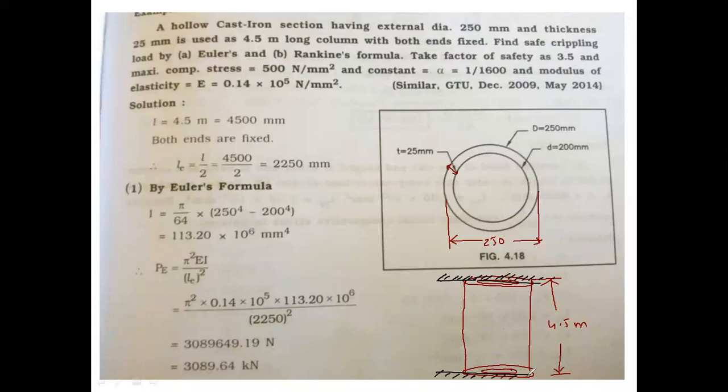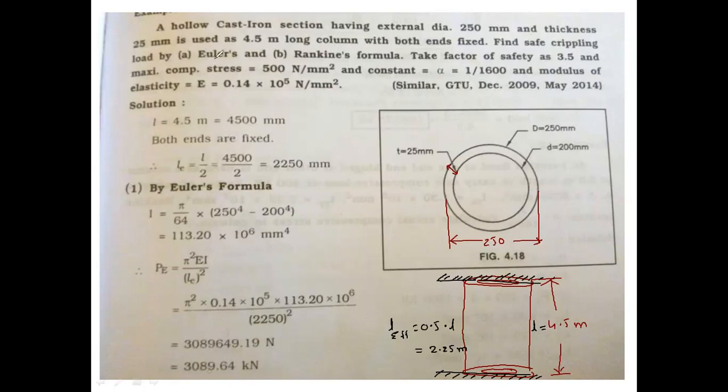When the column is fixed at both ends, what is your L effective? 0.5 times L. So that is 2.25 meter, or 2250 mm. The question is to find the safe crippling load.